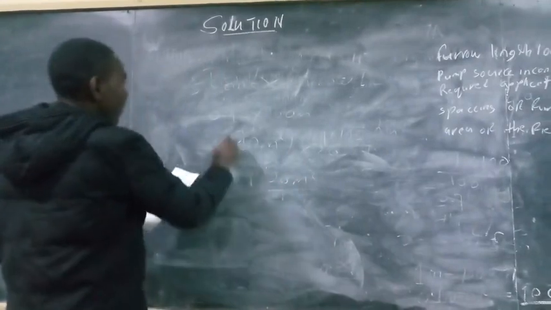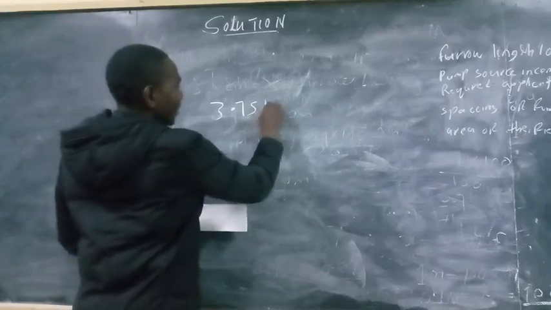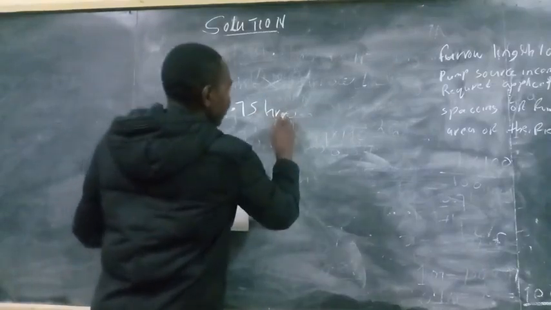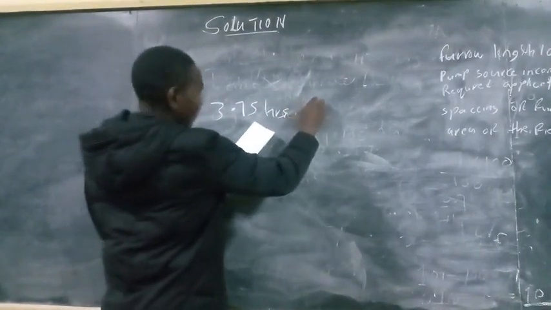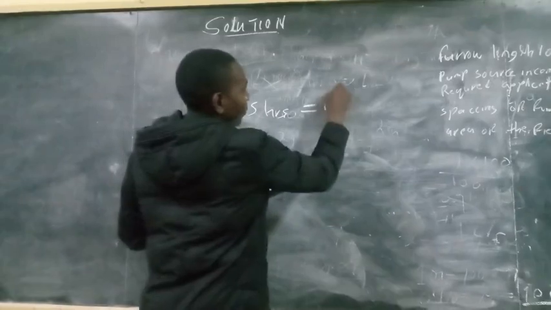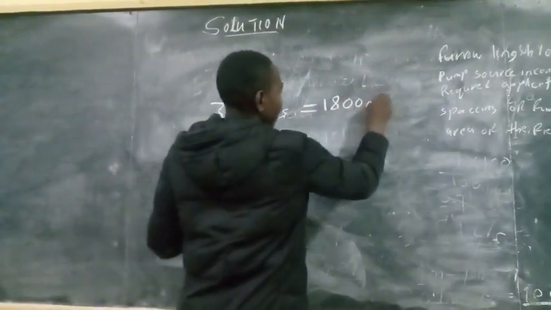So we are at 3.75 hours, which was the time to irrigate the area of 1,800 meters squared.